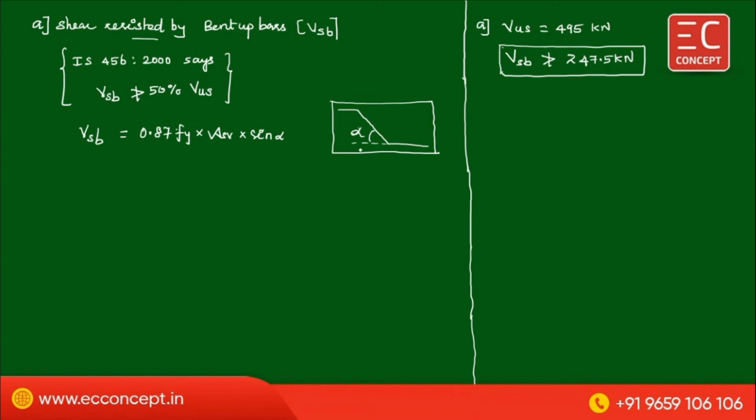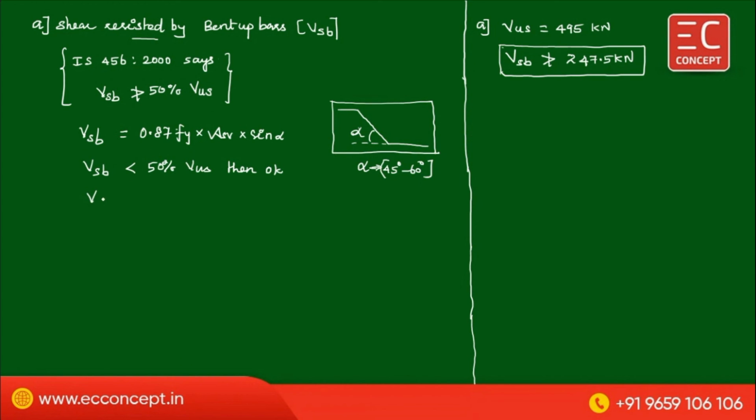This is the alpha. Generally we take this alpha from 45 degree to 60 degree, but the most efficient is 45 degree. In this case, if VSB is less than 50% of VUS, then okay.